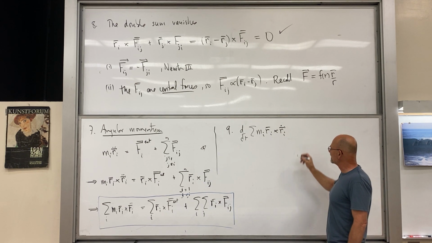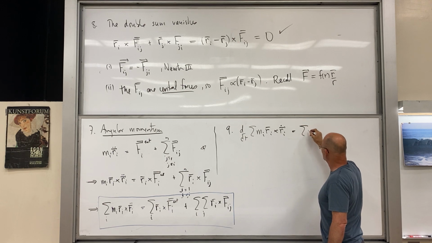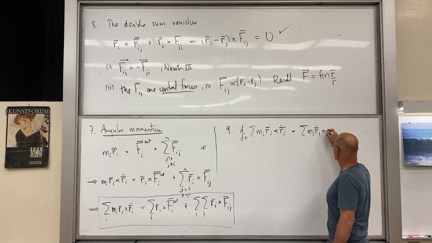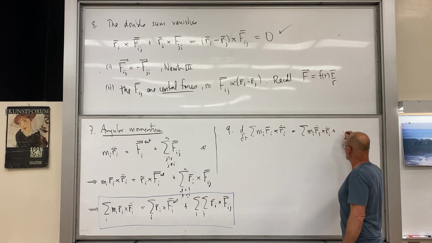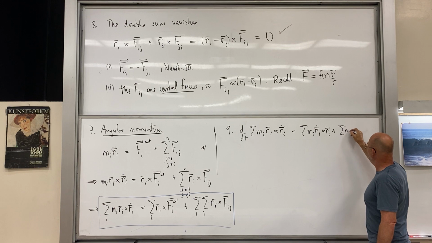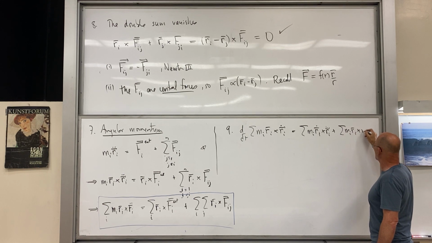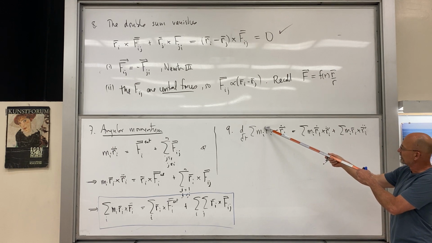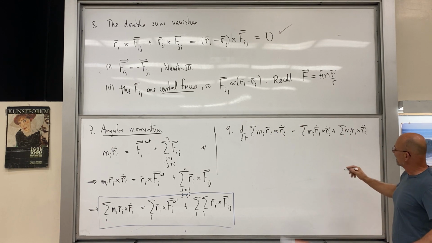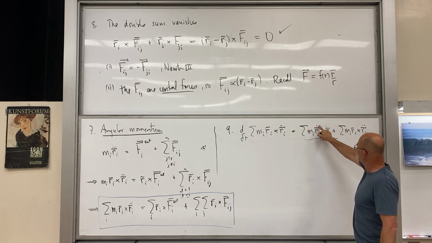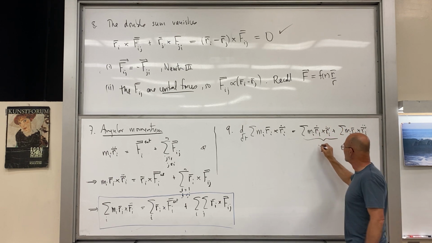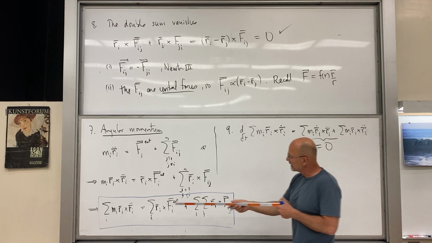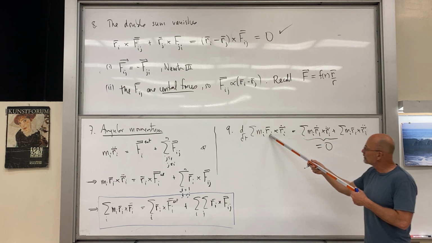Okay, so the complete time derivative of that is just a product rule. M I r I dot cross r I dot plus sum over m I r I cross r I two derivatives, right? We're just doing a product rule. And of course these are parallel, velocity crossed with itself. So this is 0.